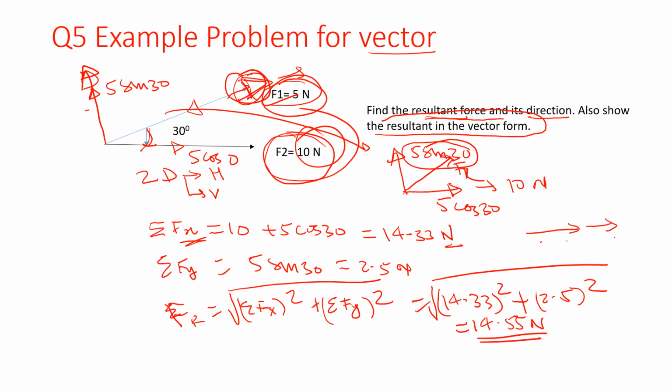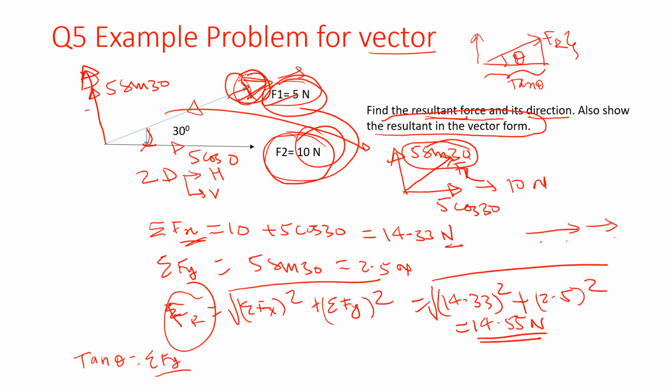Now the direction means what angle this resultant force makes with the horizontal. This is theta. So tan theta is this divided by this, which is summation of Fy divided by summation of Fx.